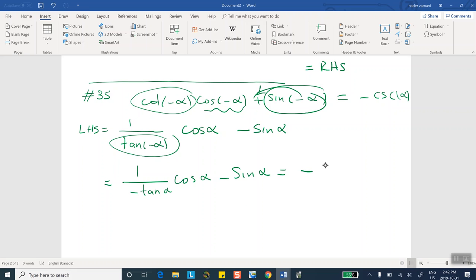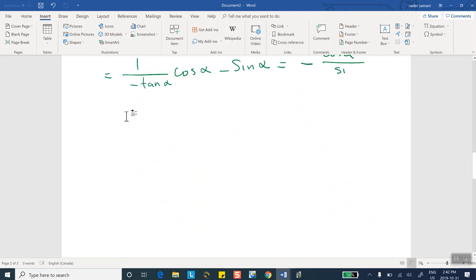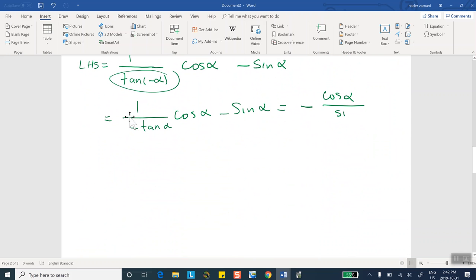And let's write the stuff in terms of sine and cosine. So this is going to be a minus cosine of alpha divided by sine alpha over cos alpha, minus sine of alpha.